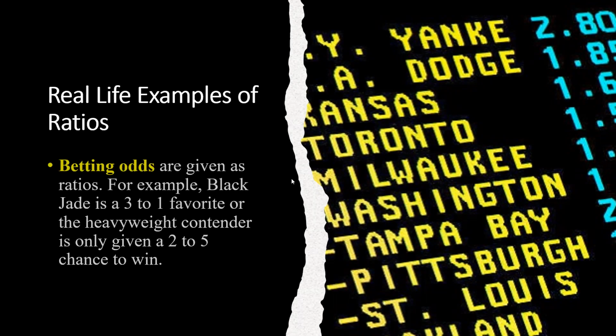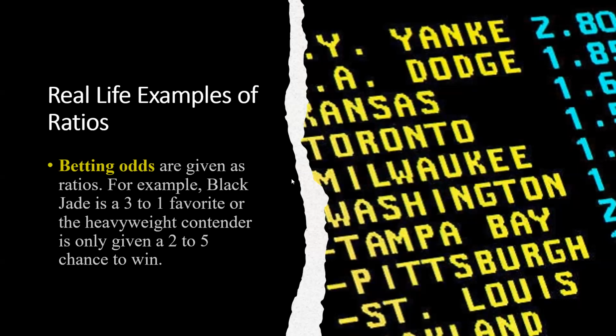Olivia, can you read real life examples of ratios? Betting odds. Betting odds are given as ratios. For example, Black Jade is a 3-to-1 favorite, or the heavyweight contender is only given a 2 to 5 chance to win. Very good.